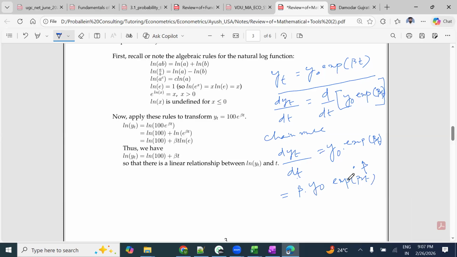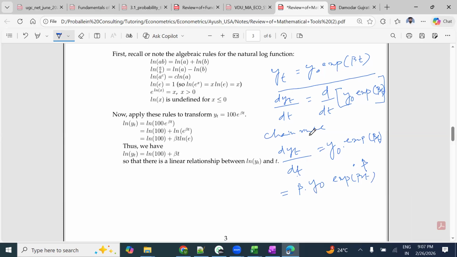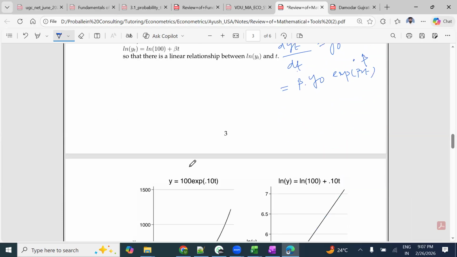Now what you have to do is, because we already know yt is equal to y0 into exponent of beta t, dyt with respect to dt will be equal to what we already got, right?